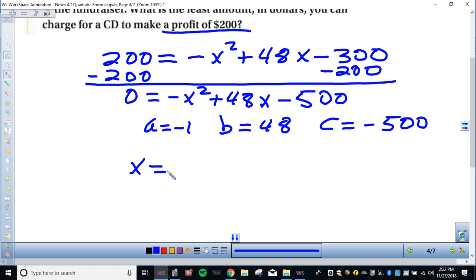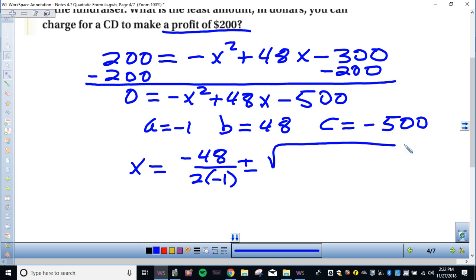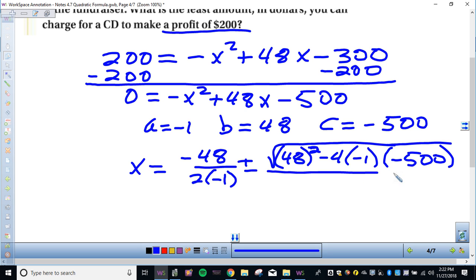So x equals negative 48 over 2 times negative 1, plus or minus the square root. This is a big one here. 48 squared minus 4 times negative 1 times negative 500, all over 2 times negative 1.